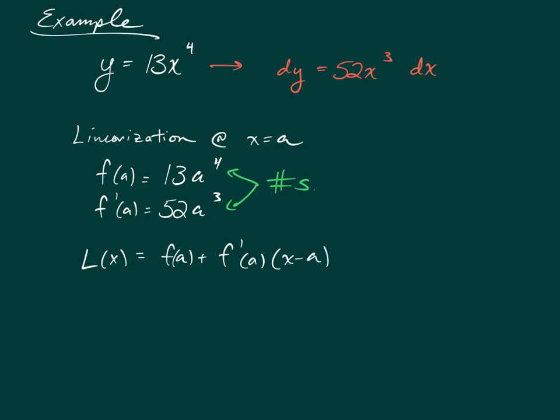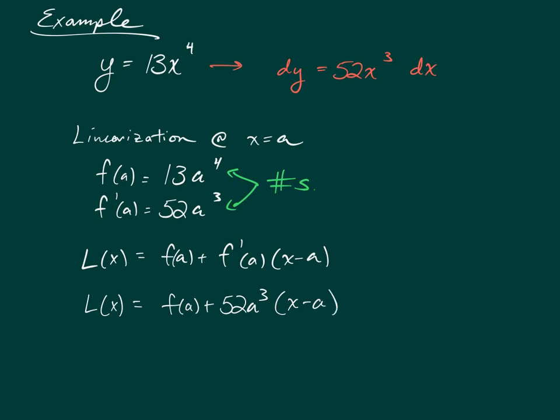So if we go through and substitute all of these things in like they are supposed to be, you can see that f prime of a is 52a cubed. So let me at least substitute that in there so we can get that squared away. Equals f of a plus 52a cubed times x minus a.